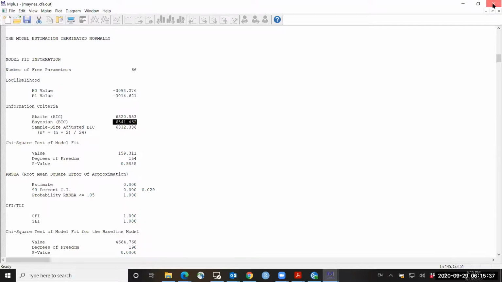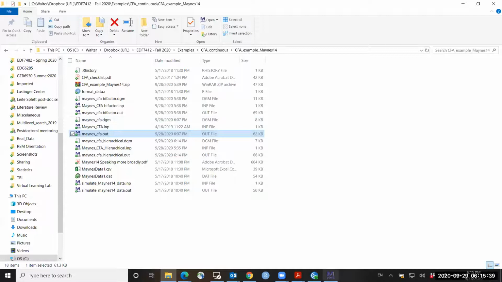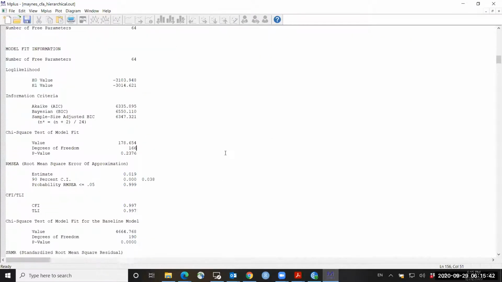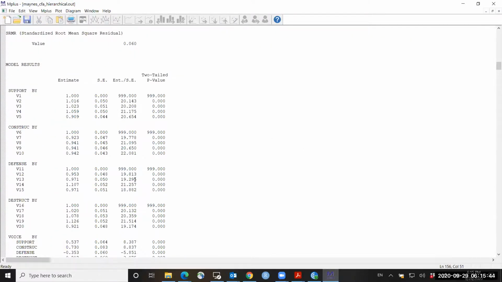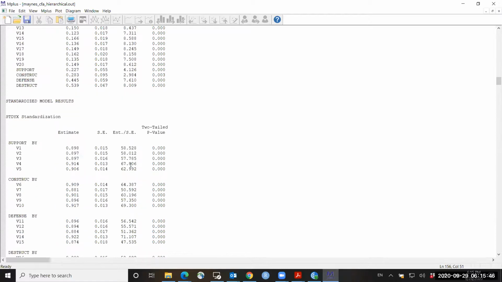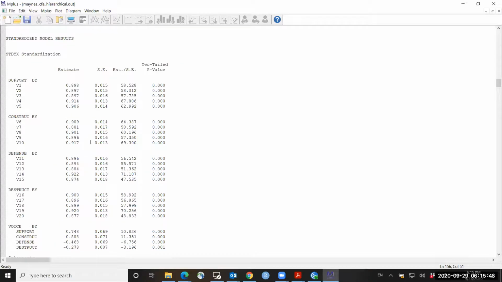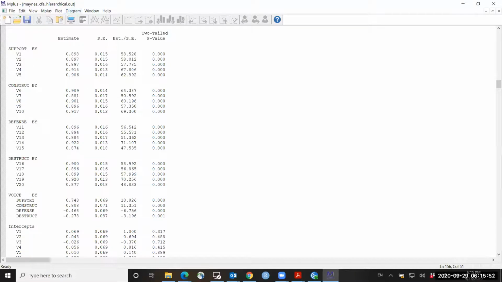But theory should take precedence here, and if you look at the standardized results here, it's hard to distinguish from a statistical perspective because these loadings are excellent.